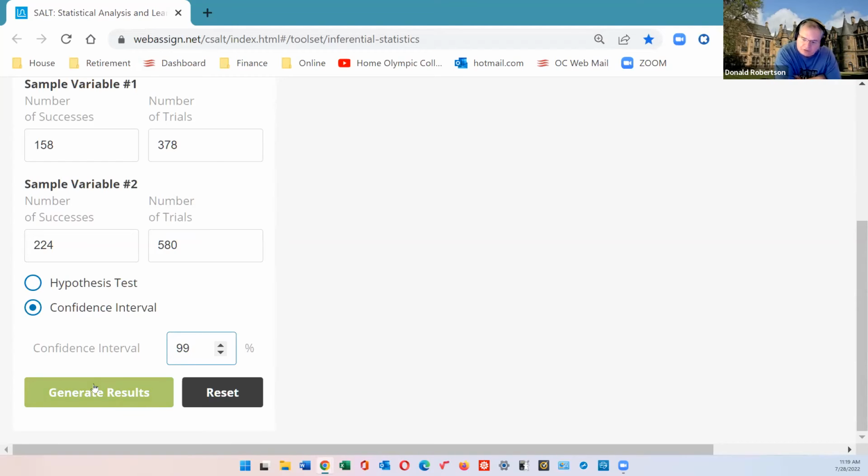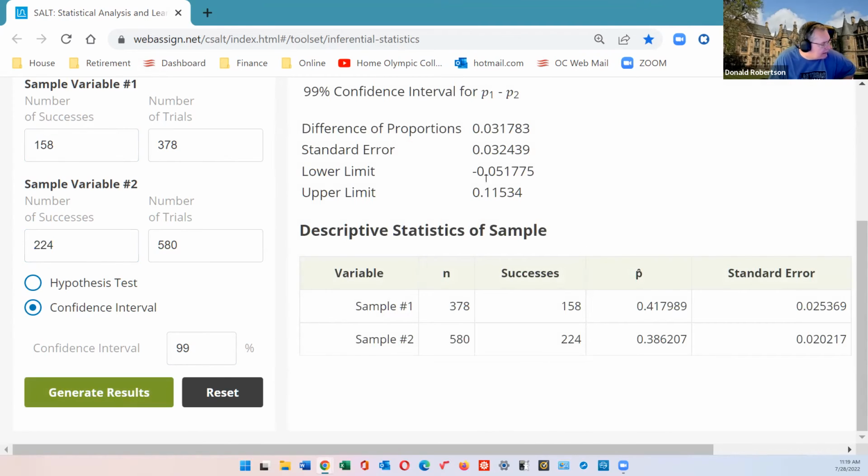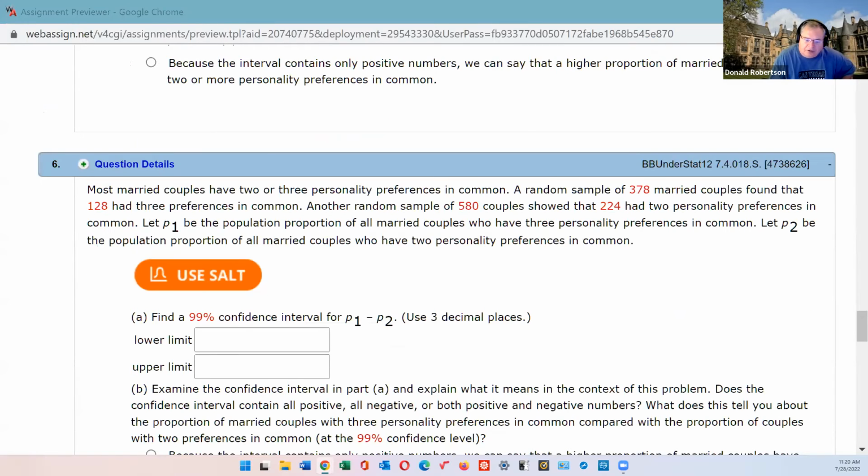Now I'm about to hit generate results. If the interval has nothing but positive numbers in it, doesn't that mean that the percentage of married couples that share 3 common traits is bigger than those who only share 2, for instance? Let's find out what the result was. And it was a negative up to a positive. Do you see those two guys? Negative, roughly negative 5%.